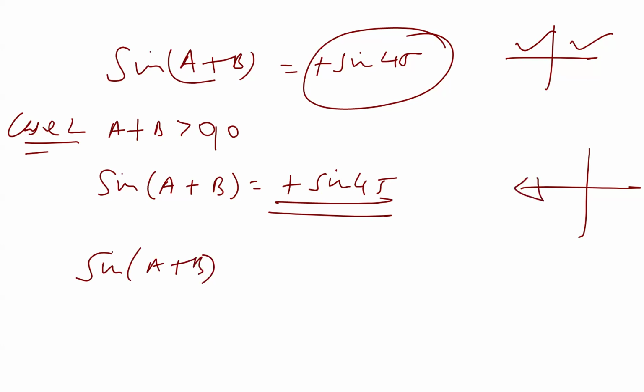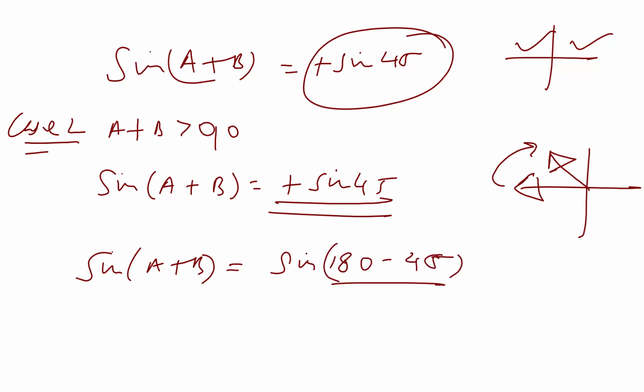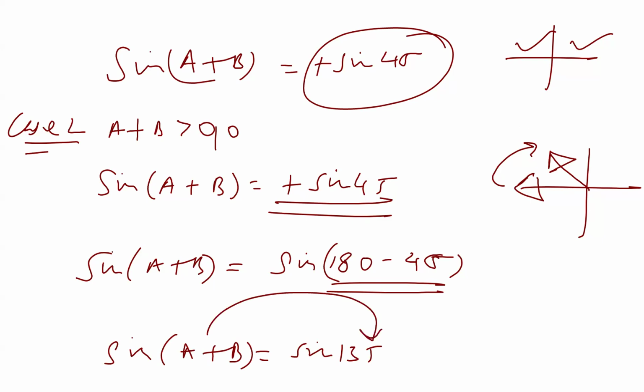We will go on the x-axis, and to go to the second quadrant we have to subtract from 180. So sin 180 minus 45, because sin 180 minus 45 is also sin 45 by this particular method. So sin A plus B is equal to sin 135. So A plus B can also be 135.